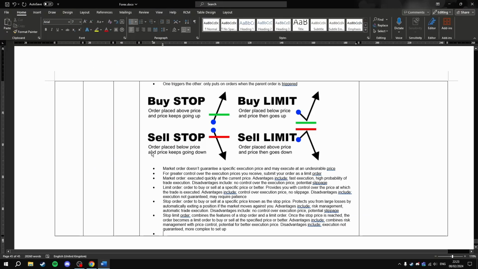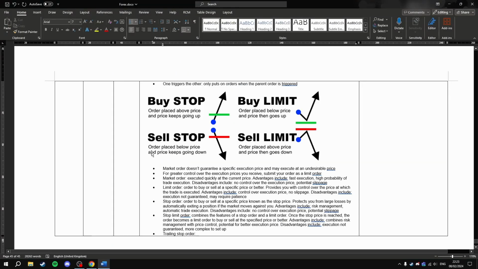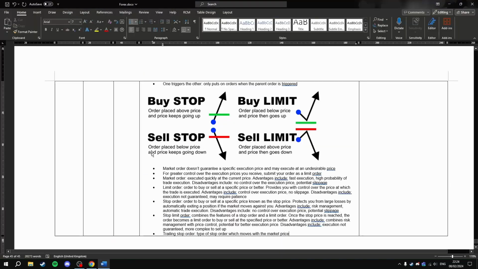Trailing stop order. A trailing stop order is a type of stop order that moves with the market price. It allows you to lock in profits as the market moves in your favor while still providing protection if the market reverses.